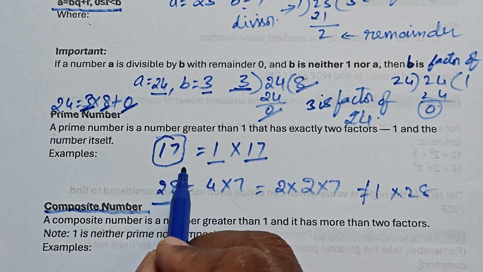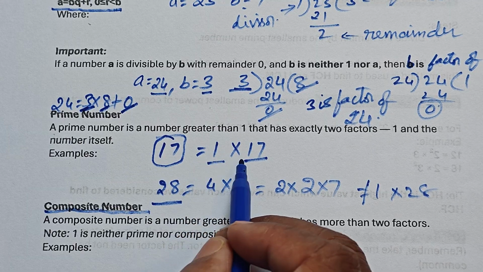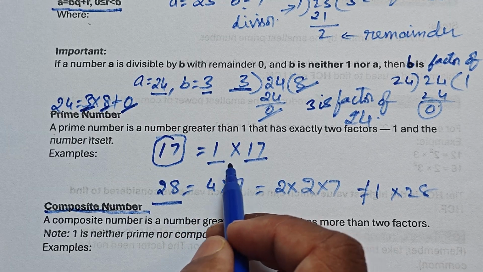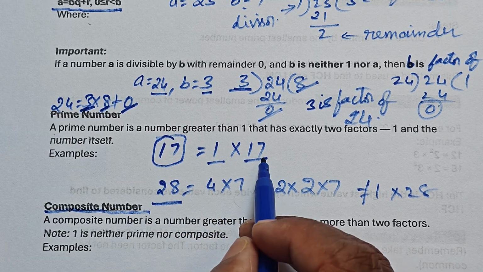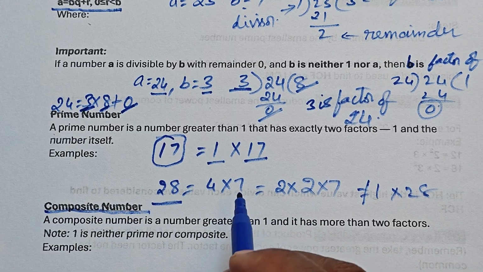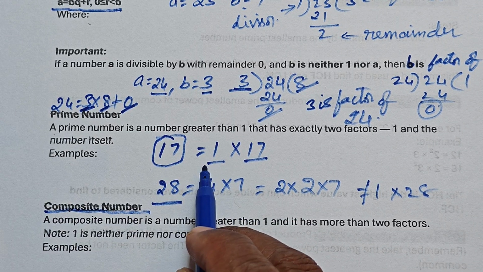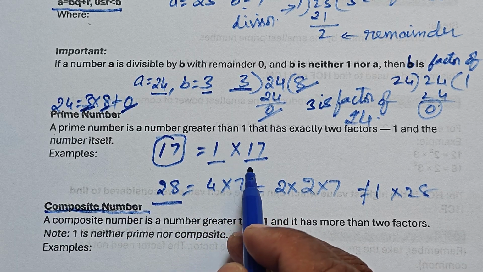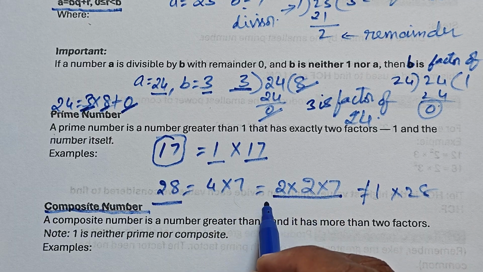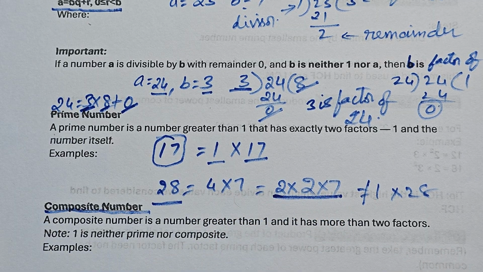If any number is divisible by only 1 and itself, then that is a prime number, not a composite number. A composite number will have more than 2 factors, the number itself, and 1, plus other factors. So a composite number is a number greater than 1 and it has more than 2 factors. Note, 1 is neither prime nor composite.